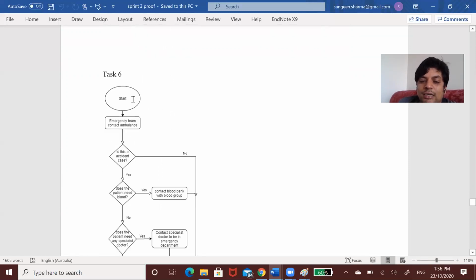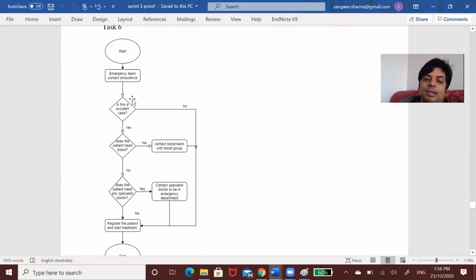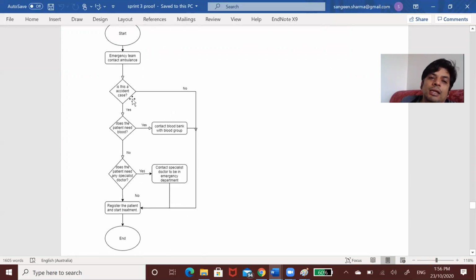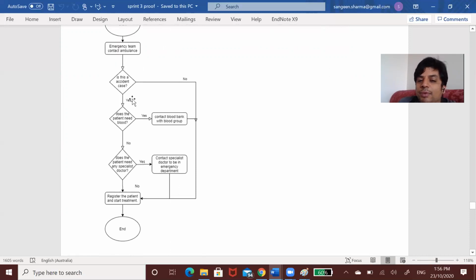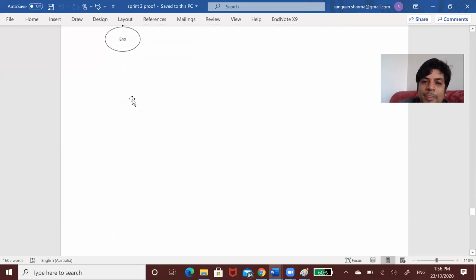If the candidate is okay, then they are recruited. And similarly here, how the emergency department and the ambulance or paramedical team communicate with the emergency department, blood bank, and the specialist doctor if they need.